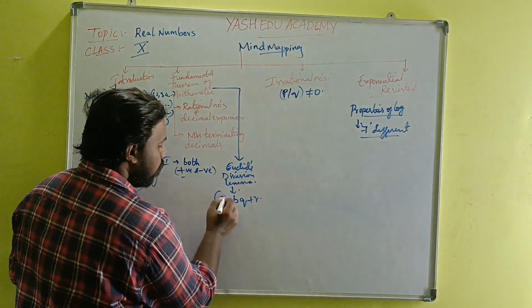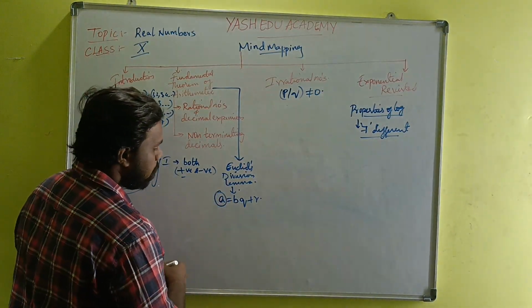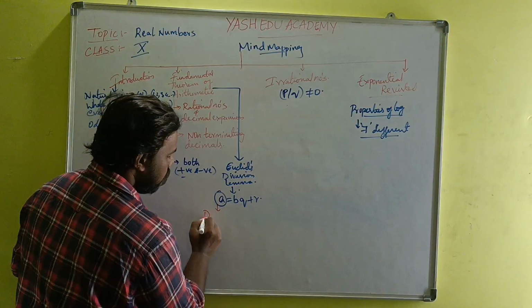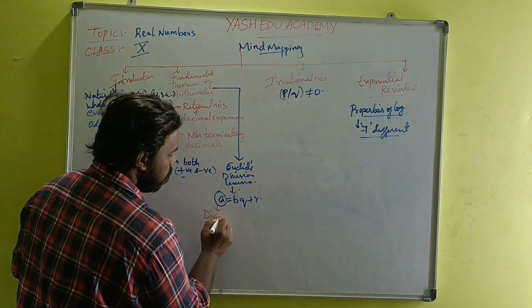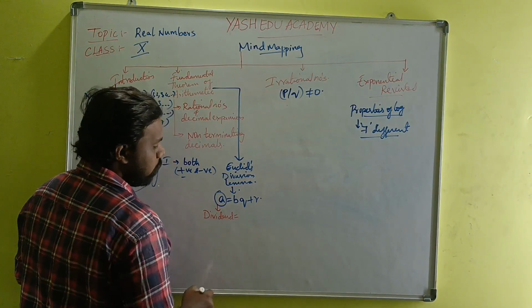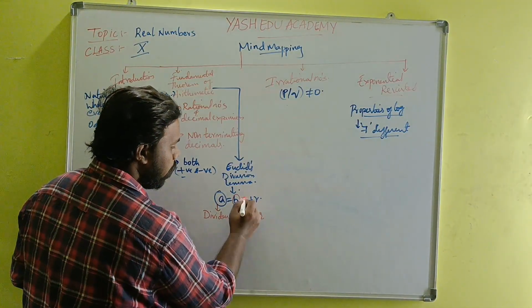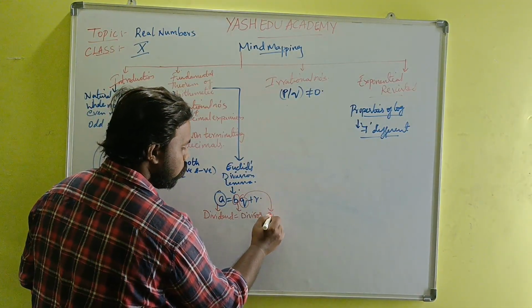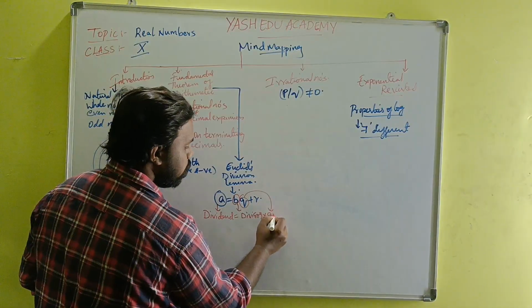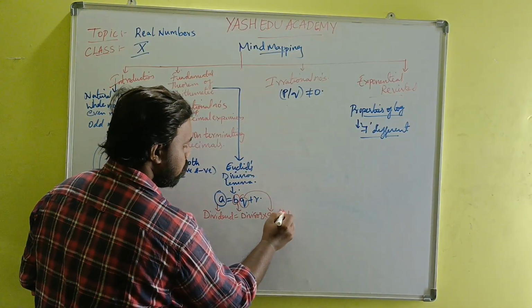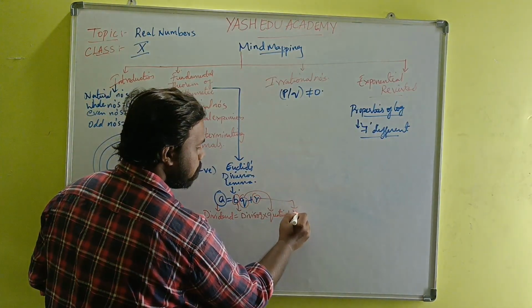Here a represents the dividend, b represents the divisor, q represents the quotient, multiplied with b, and r represents the remainder, added.